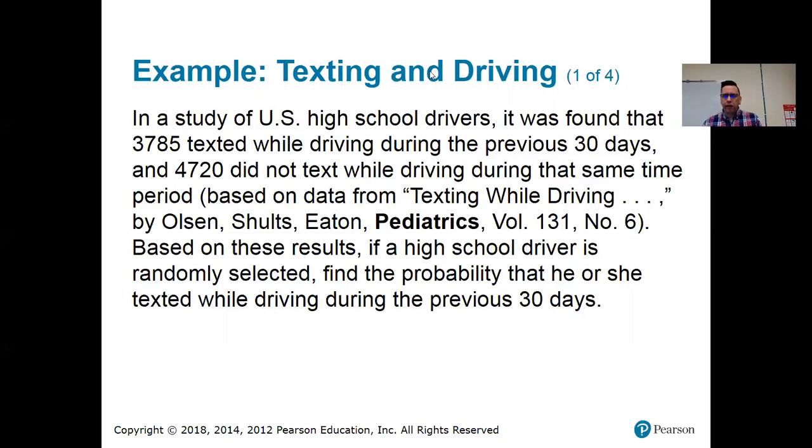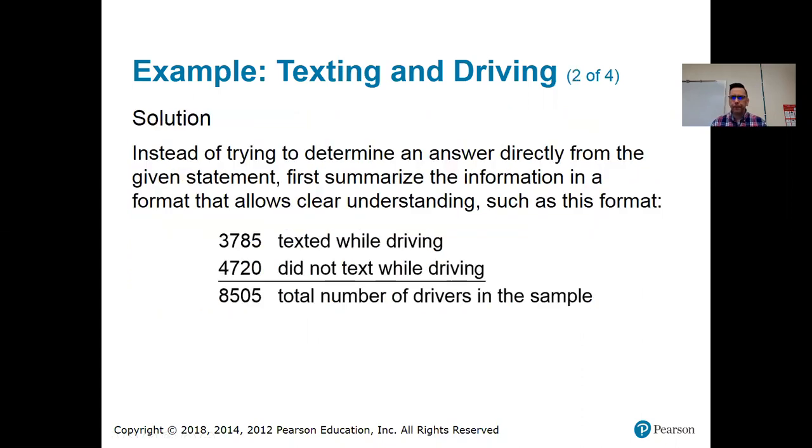Okay. And you're just going to do that by adding the 3,785 plus 4,720. Okay. So that's going to look like this. All right, summarize the information in a format that allows clear understanding. So you had 3,785 who texted, 4,720 who did not.